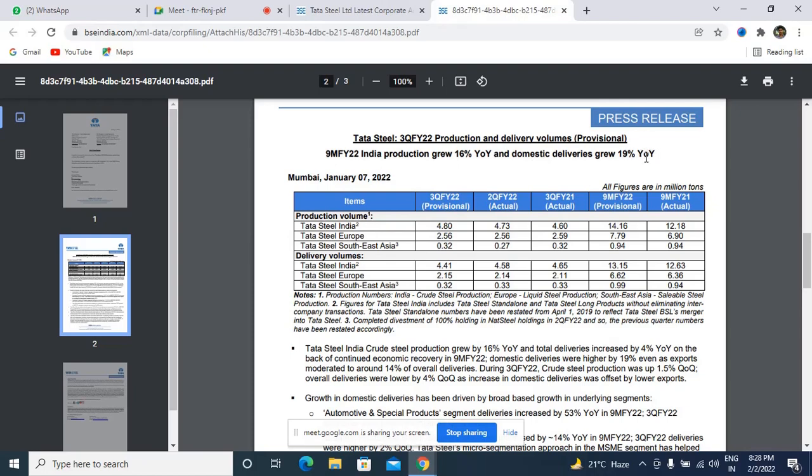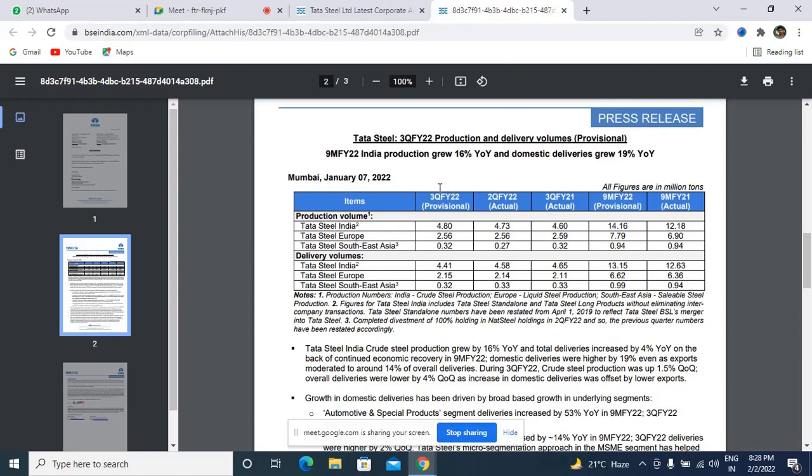So what is this YOY and what is QOQ? Can you please explain, Prasenjit? That's quarter on quarter and year on year. Okay, what does it mean by year on year? Comparing difference between previous year and present year, or comparing 2 years, taking earlier year versus the next year.